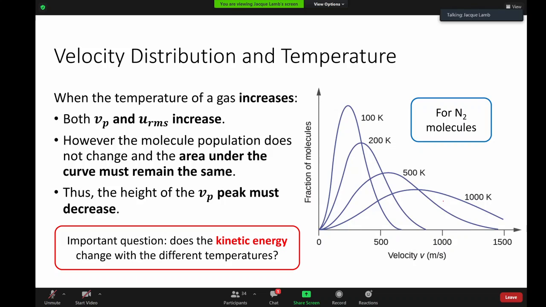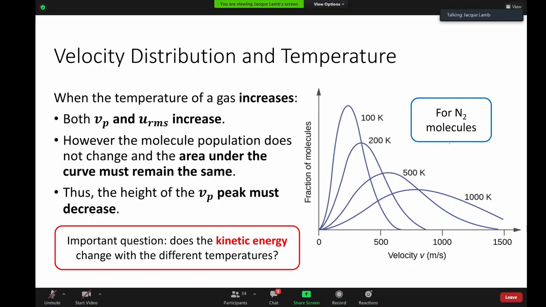So, velocity distribution and temperature. We said that the average kinetic energy is proportional to temperature, so the velocity is going to change with temperature, and we can look at a curve. When the temperature of a gas increases, both the peak of the curve and the root mean square speed change.